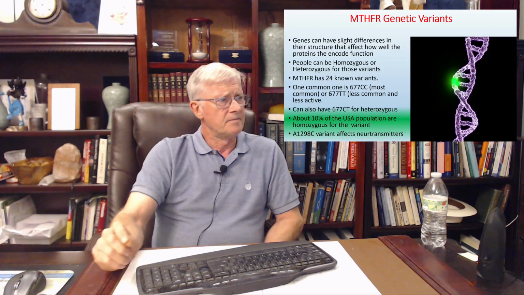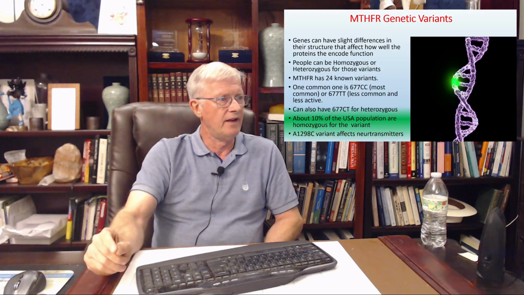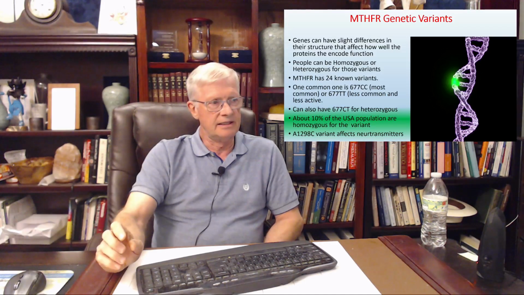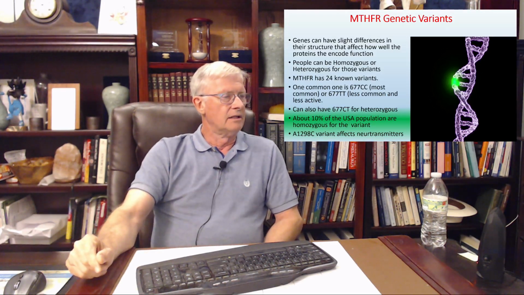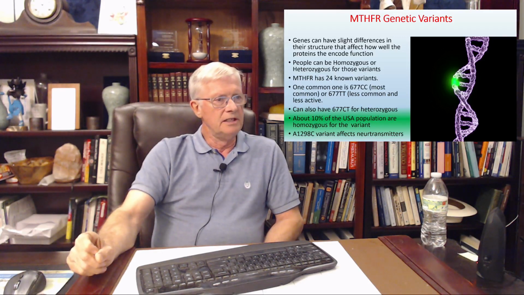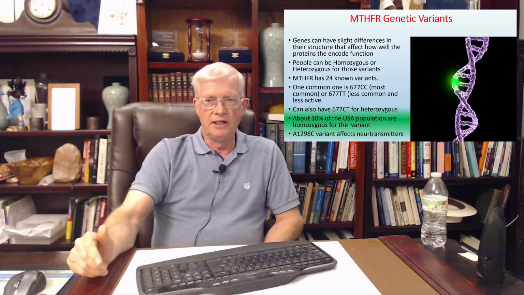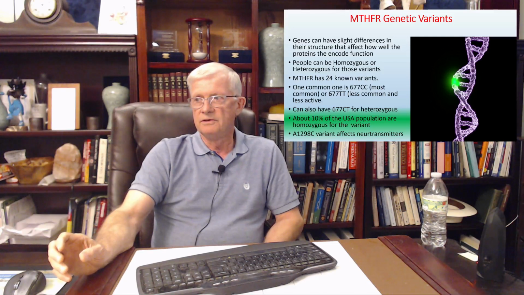But genes can have slight differences in their structure that affect how well the proteins they encode function. And if you look at the DNA on the right, you see a green area that's indicating that there's something wrong there. You see the two strands, and I think everybody knows that we get one set of genes from one parent and one set from the other, and they're not always identical.